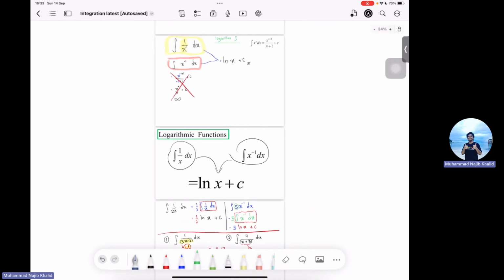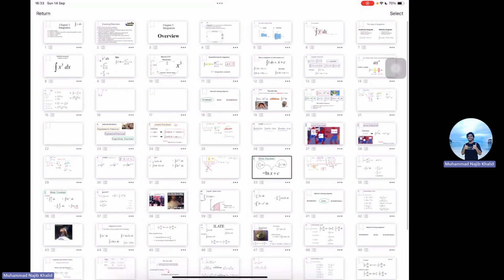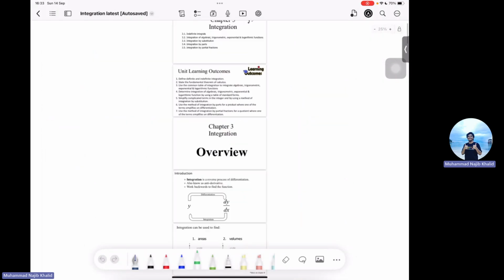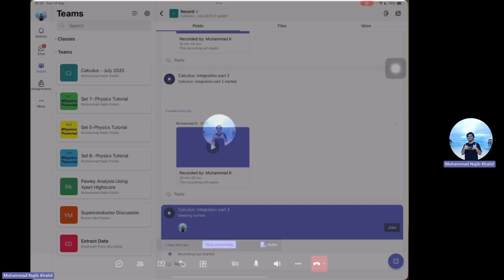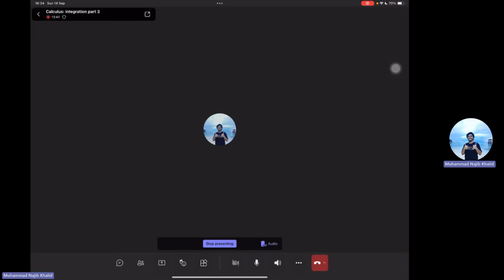All right, class? So for today we stop here, we have done 3.2 and 3.3. Next week, we will learn about integration by parts as well as partial fractions. That's all for today.